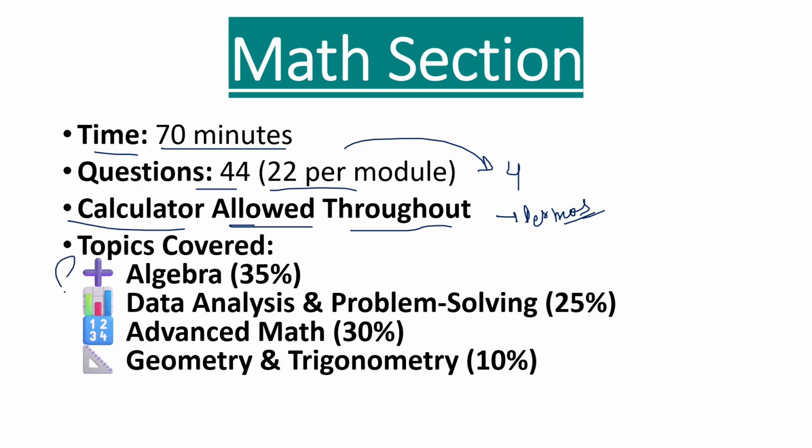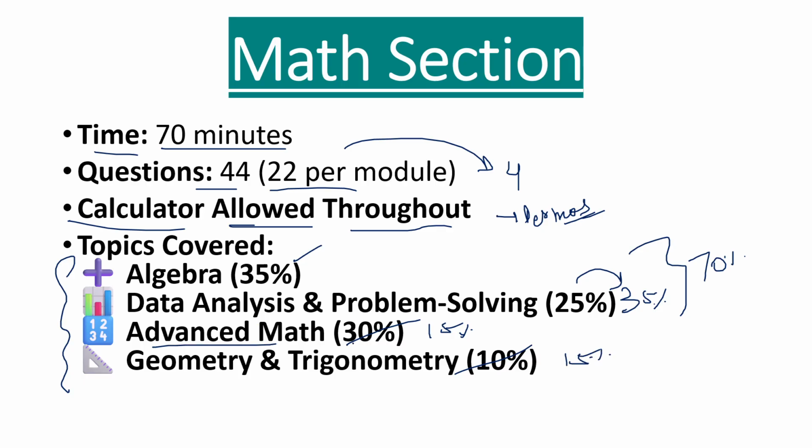Okay. So topics, these are very important. This is 35% algebra. 25% is your data analysis and problem solving. This sometimes also goes to 35%, which means these both make 70% of the test. And the other two sometimes become 15% and 15%. Or sometimes advanced mathematics becomes 35%, and this becomes 15%.